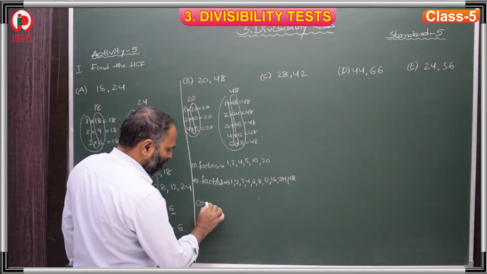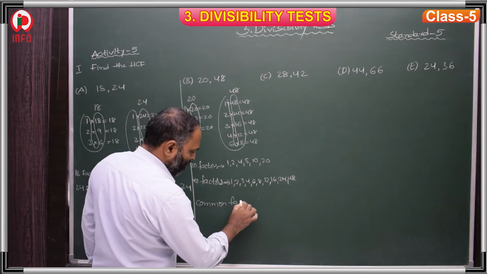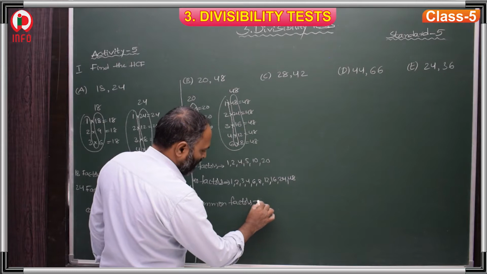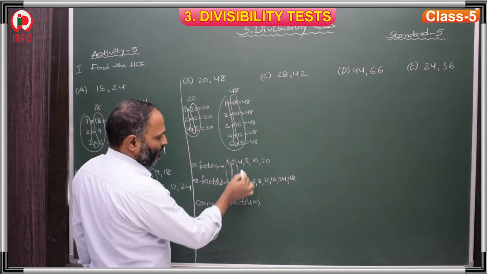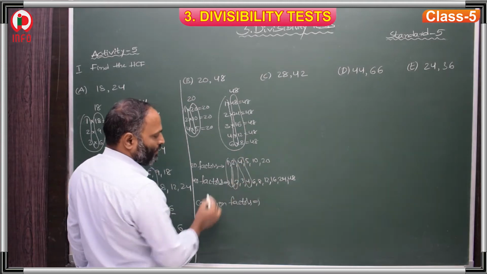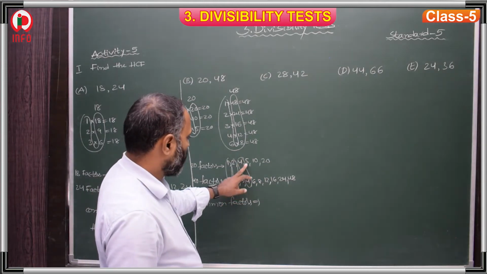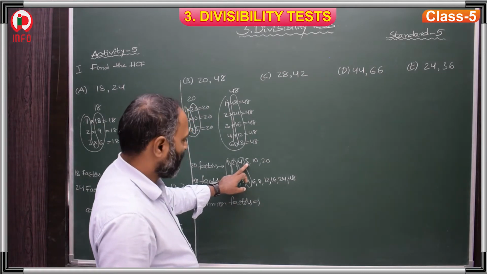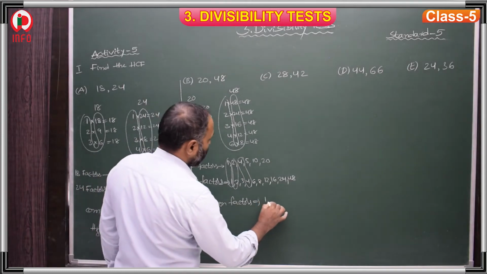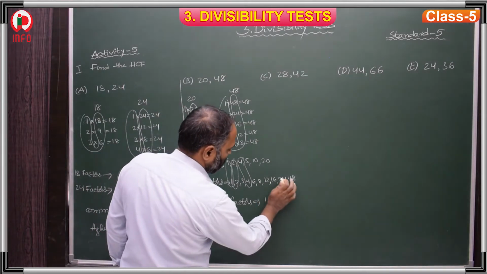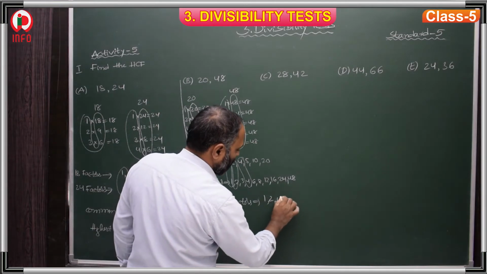What are the common factors? 1 is common, 2 is common, and 4 is common. 5 is not common, 10 is not common. So 1, 2, 4.